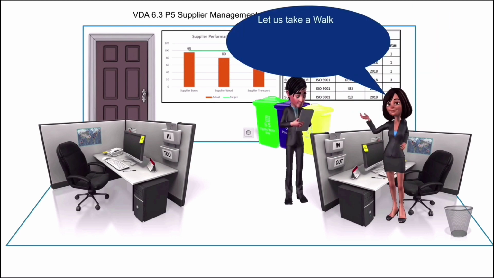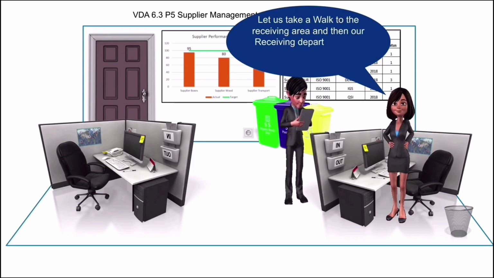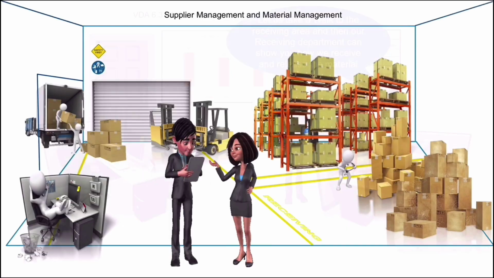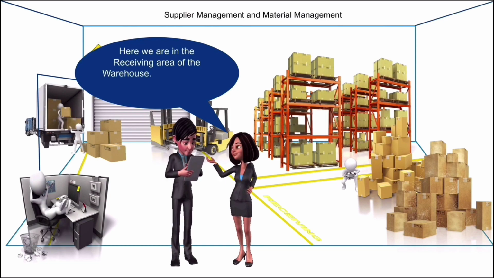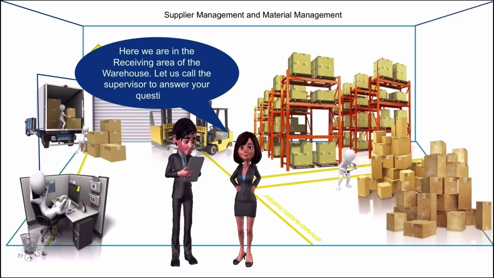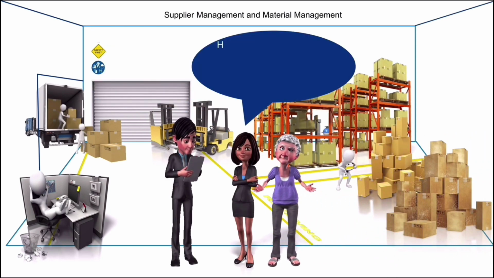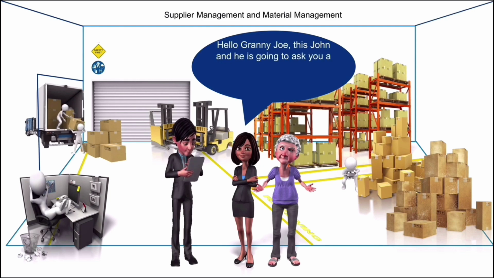Let us take a walk to the receiving area and then our receiving department can show you how we receive and release the material. Here we are in the receiving area of the warehouse. Let us call the supervisor to answer your questions. Hello Granny Joe, this is John and he is going to ask you a few questions how you manage the incoming material.